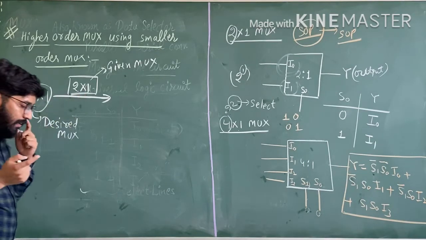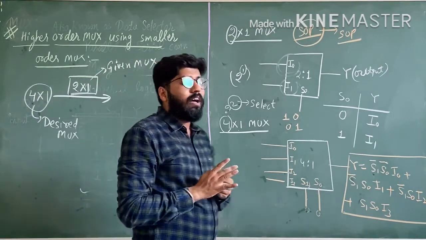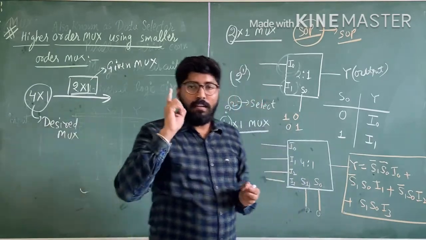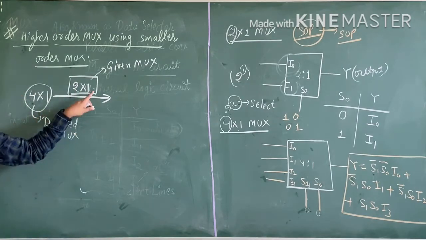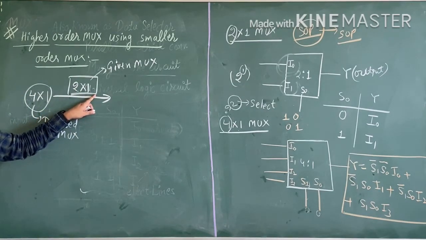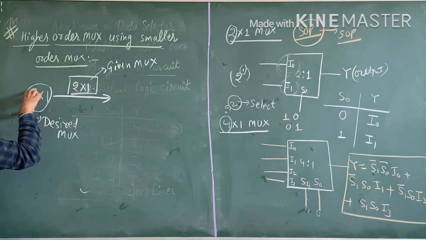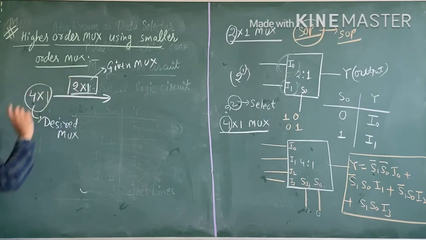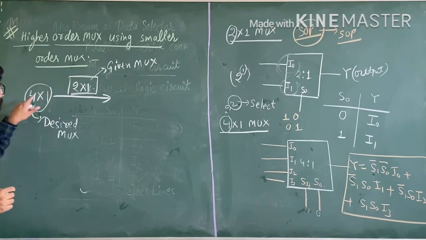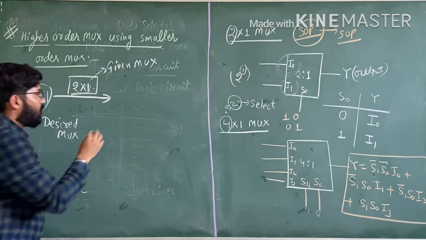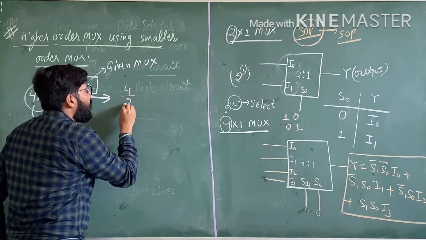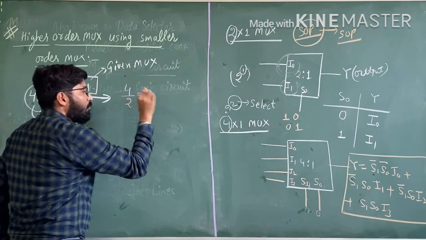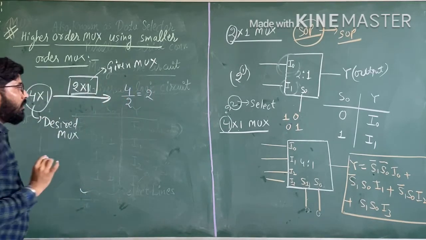So the output has only one value in the case of a 4 cross 1 mux or a 2 cross 1 mux. Only the input will change. Here we have 4 input pins, here we have 2 pins. You have to divide 4 by 2, and you get 2. Okay, it is clear.